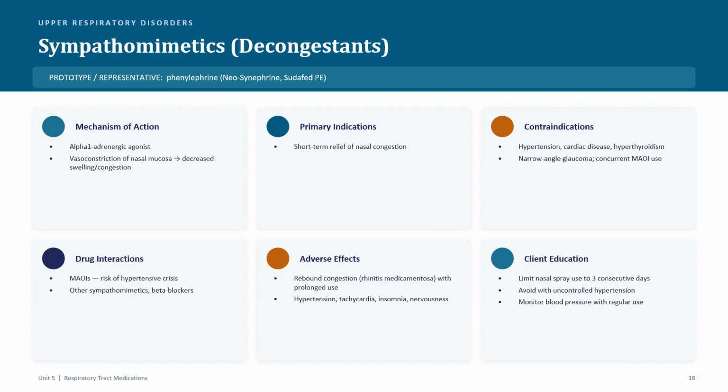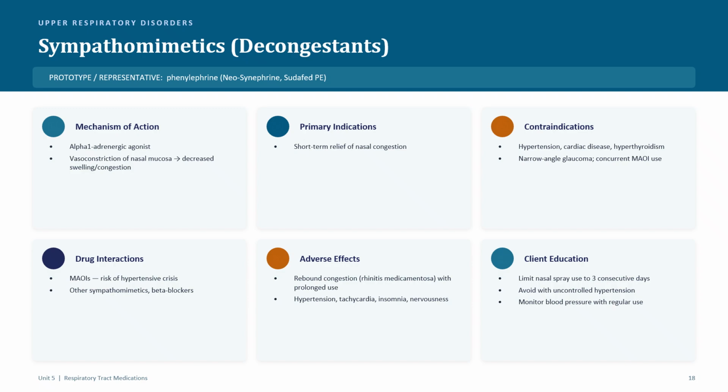Because it does constantly show up in real life with patients who buy this medication over the counter without even a second thought. And that's the rebound congestion. It's also called rhinitis medicamentosa.